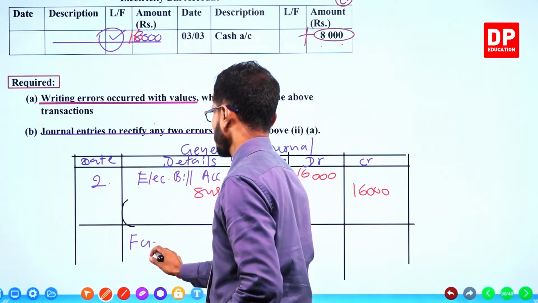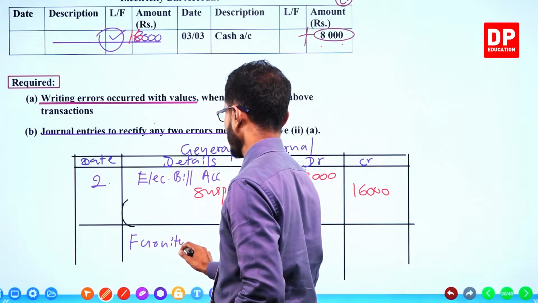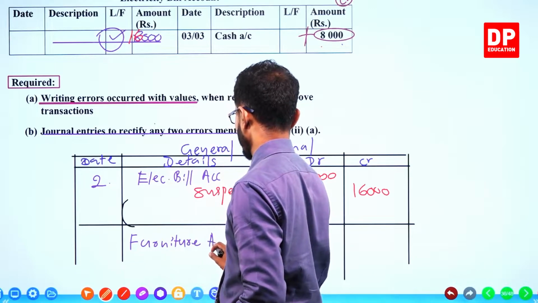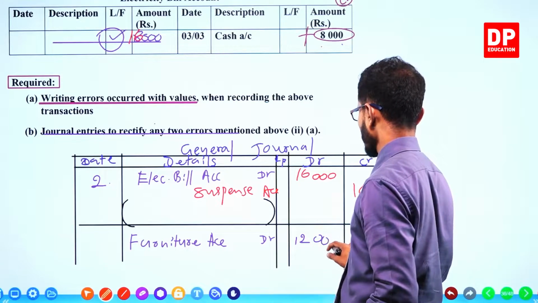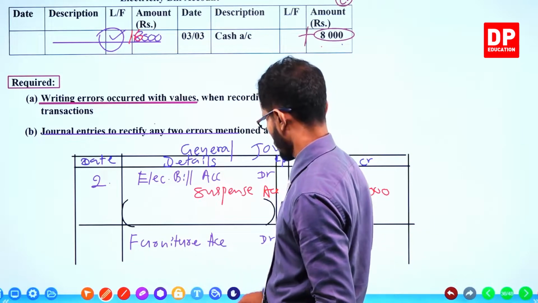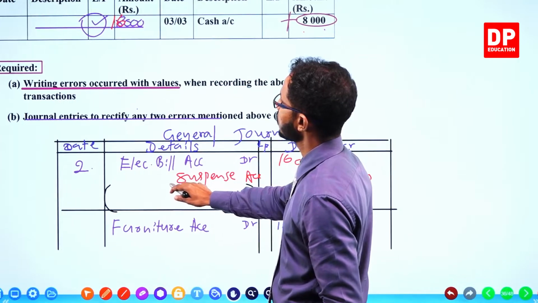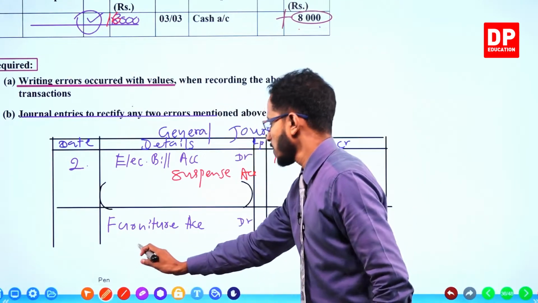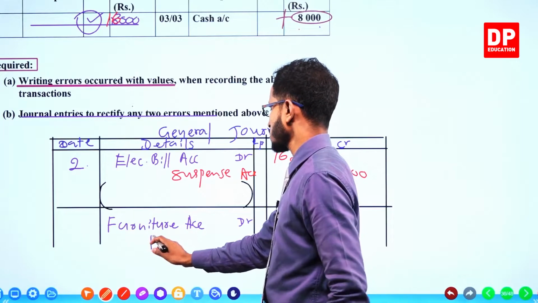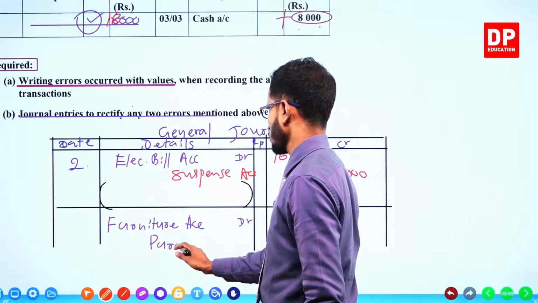Furniture debit 12,000. Purchases credit 12,000.